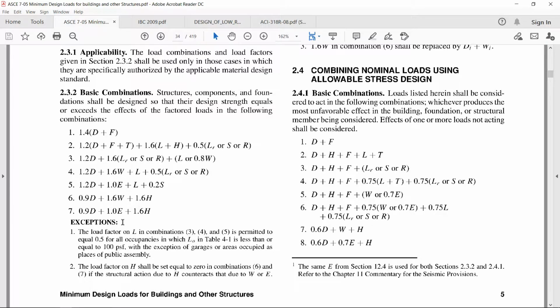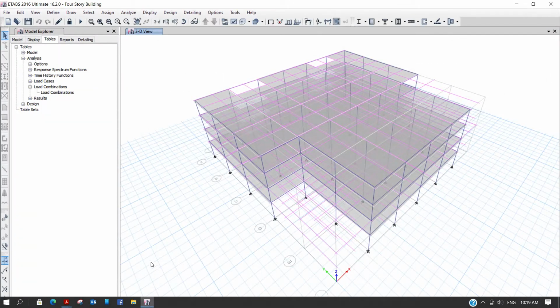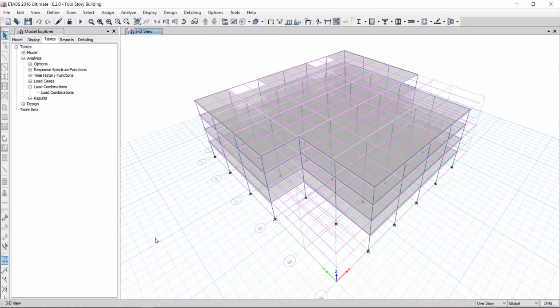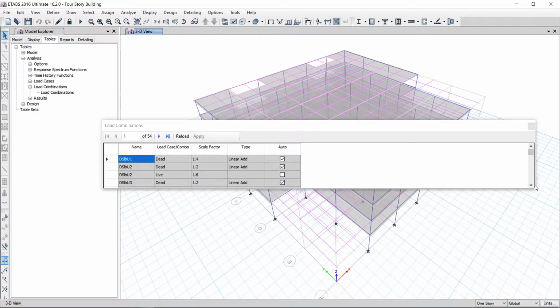Is it true for the ETABS which I used? Let's analyze. In my model, when I did that, I saw the load combinations. So here is the table, and all the load combinations are listed over here.